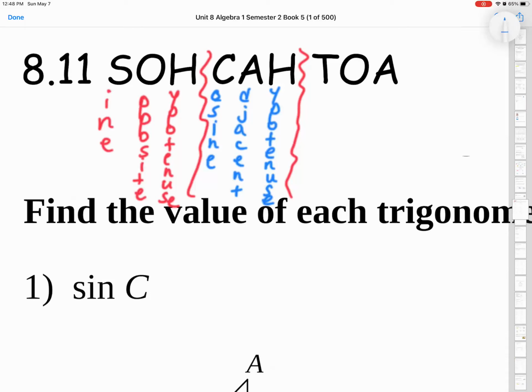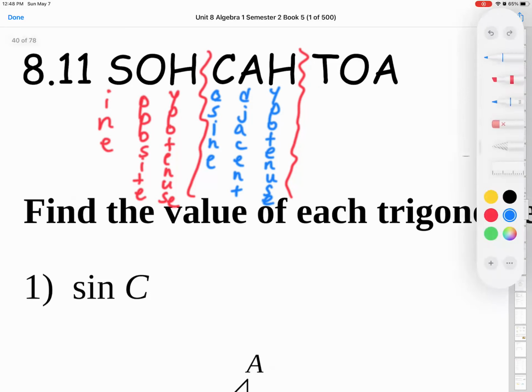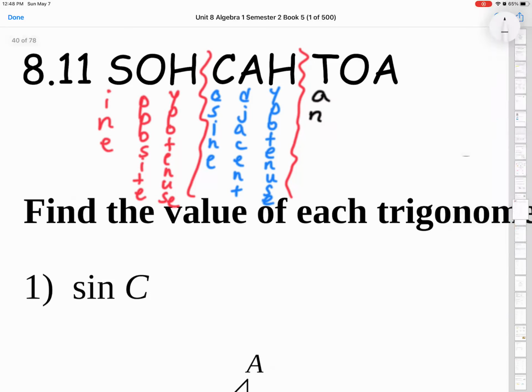Okay. And then finally, we have our tangent function. Switch up colors. This is our tangent function, which is our opposite over our adjacent.